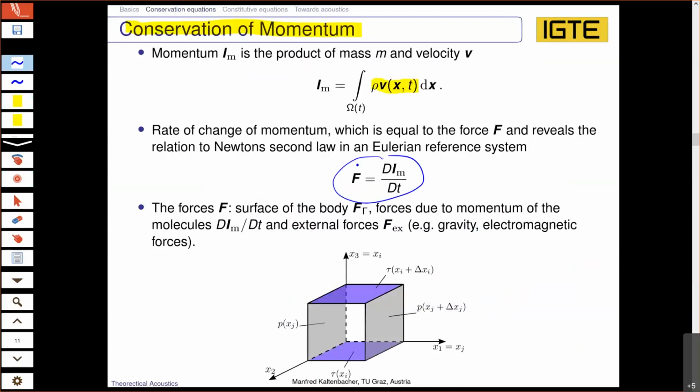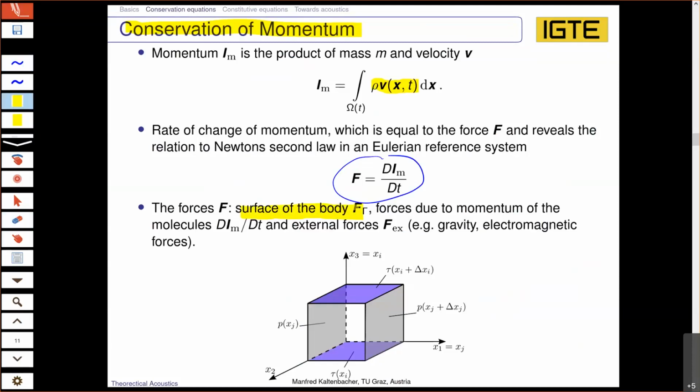And for this, we consider a small volume like a fluid particle, and we will now investigate how we can get there the conservation of our momentum, and that will be due to additional forces we can have on the surface of the body.